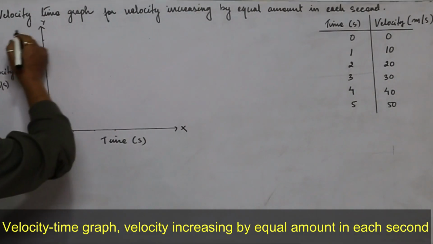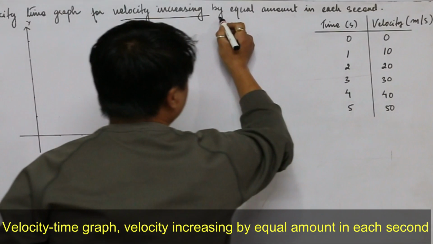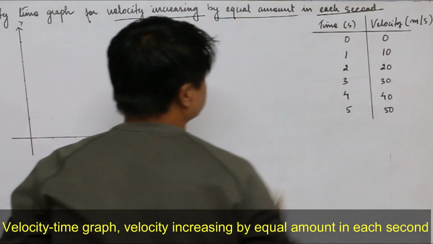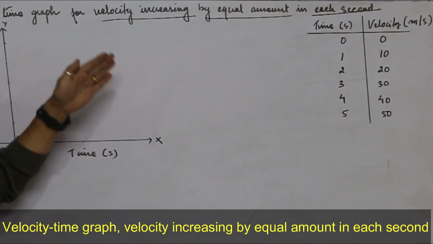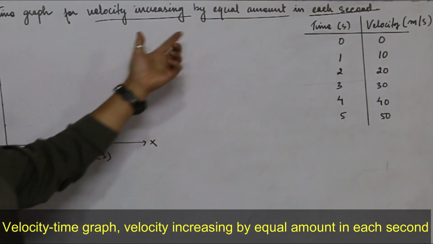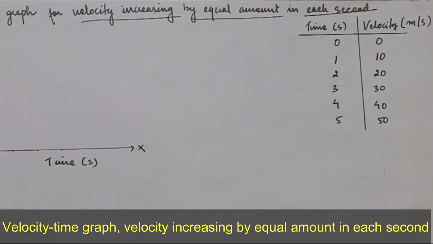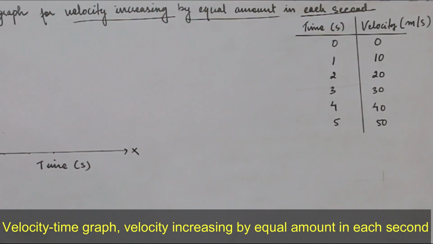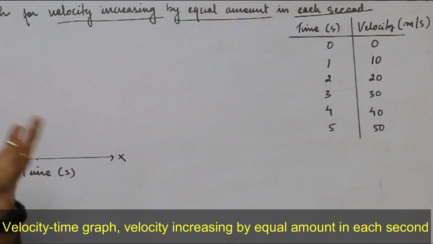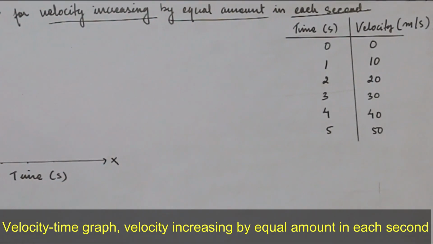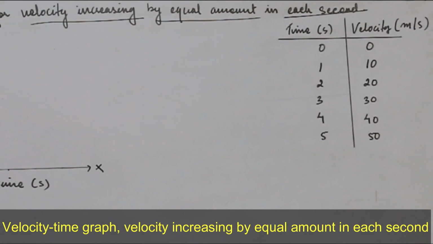Now the velocity time graph for velocity increasing by an equal amount in each second. So here the velocity of the moving body is increasing by an equal amount in each second. So if the velocity in the first second is increasing by 10 meter per second, then in the second it will again increase by 10 meter per second.